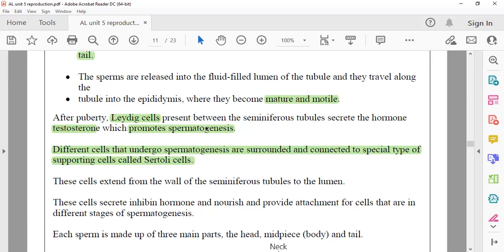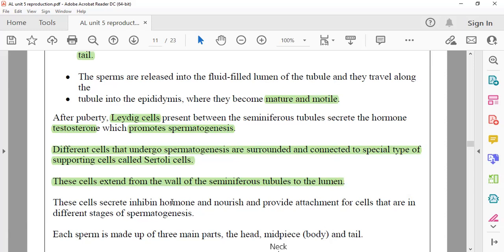They give nutrition to the developing sperm. Do you agree that from the wall of the seminiferous tubule, Sertoli cells extend towards the center of the tubule?